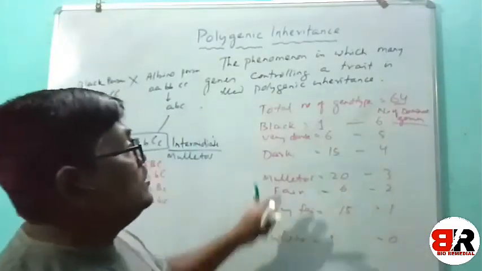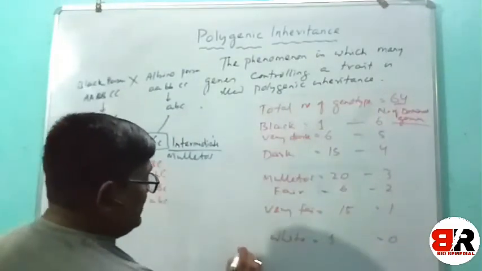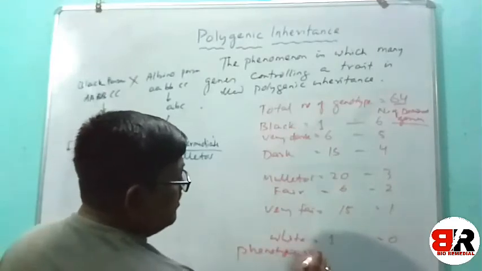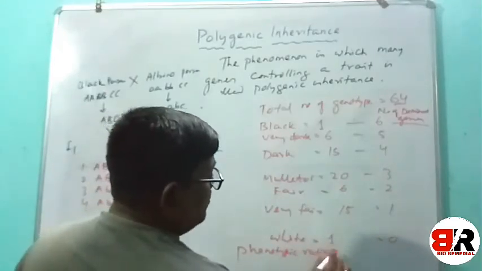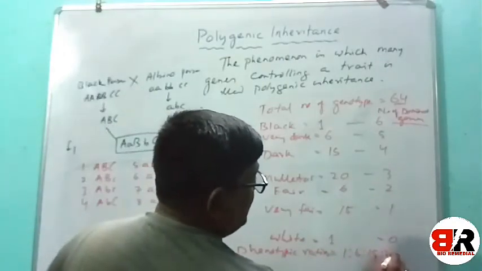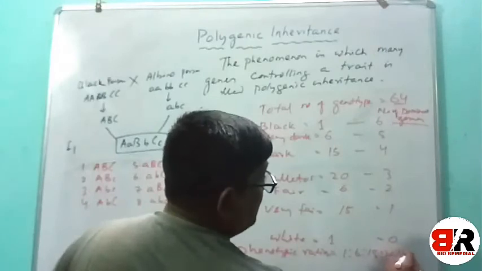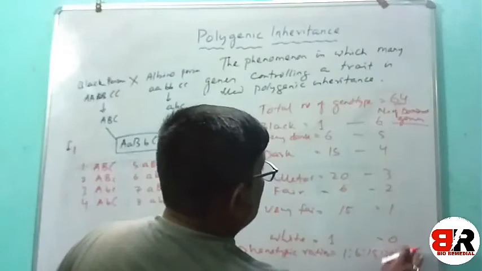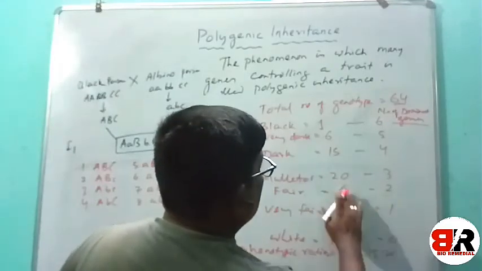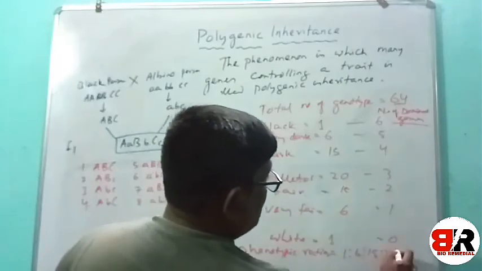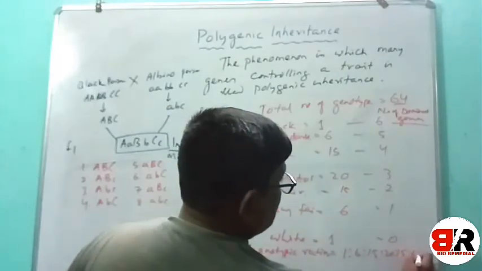The white skin. So the phenotypic ratio will be 1:6:15:20:15:6:1.